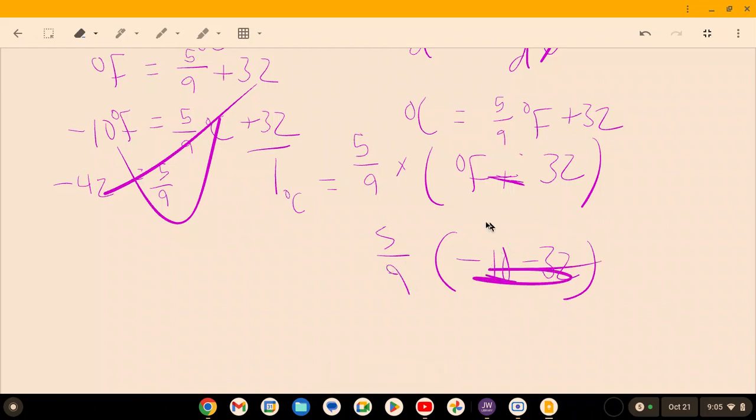That's negative 42 times 5. It's going to be 20-something degrees.